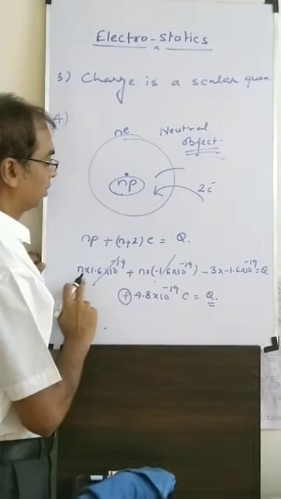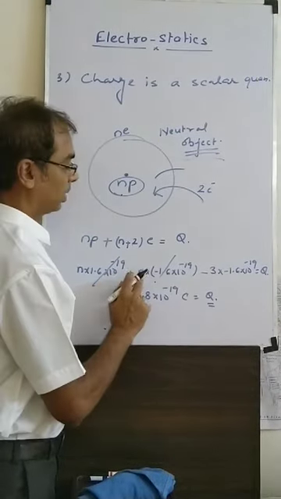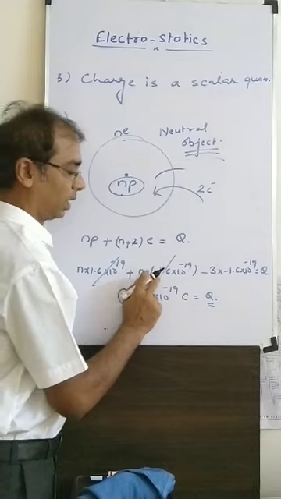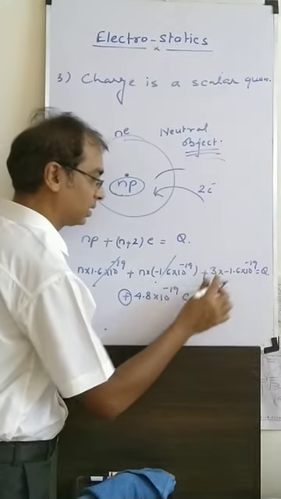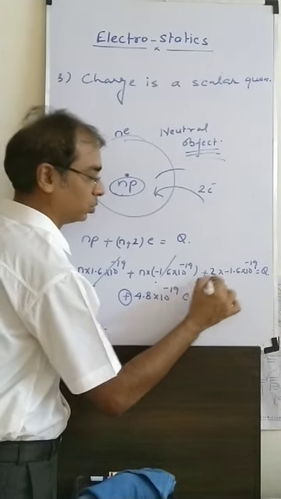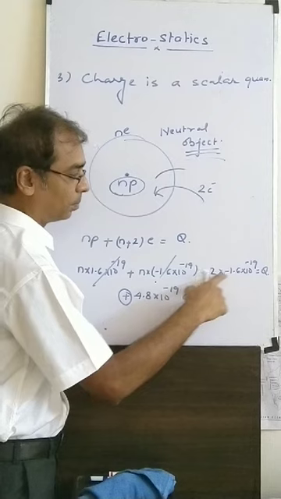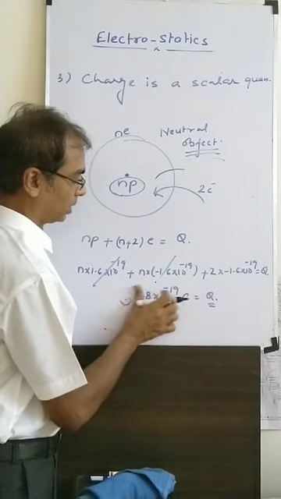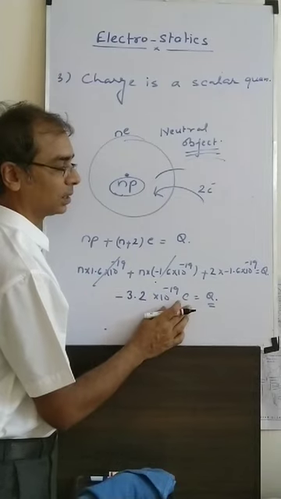Then what change will come? n into 1.6 into 10 to the power minus 19 is the same, plus n into the charge of the electron, minus 1.6 into 10 to the power minus 19, that's also the same, but here it is plus, and instead of 3 it will be 2, because we are giving 2 electrons. So here what is there? Minus 3.2. So our answer here will become minus 3.2 into 10 to the power minus 19.